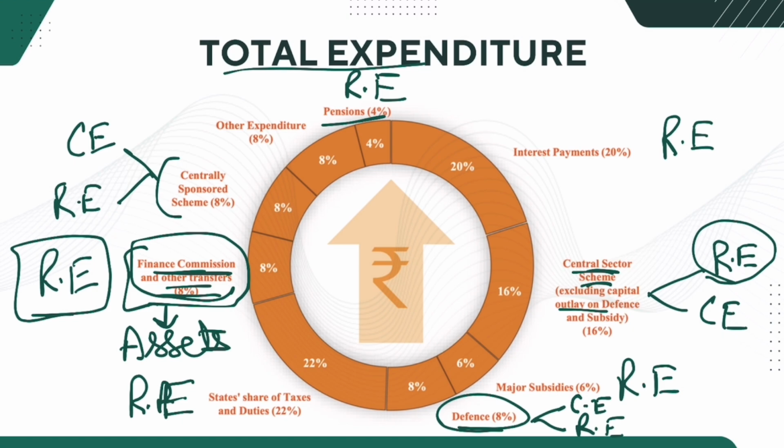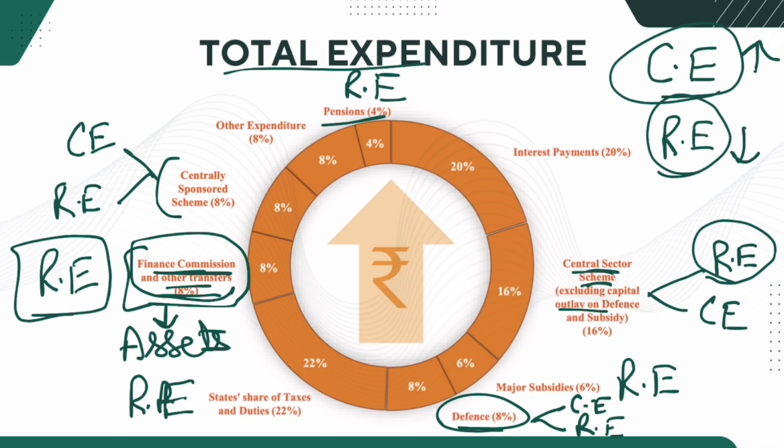That is why economists encourage government to increase their capital expenditure and reduce their revenue expenditure. But we want to see how many assets the government is building. Capital expenditure gives you that idea. But some of the revenue expenditure, which is used by state governments to build assets, is also building assets.